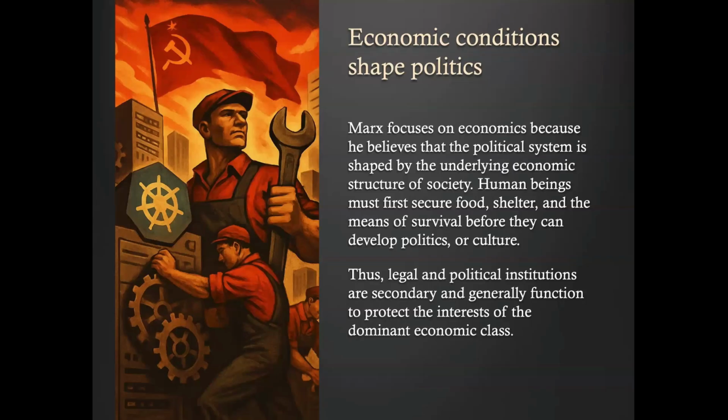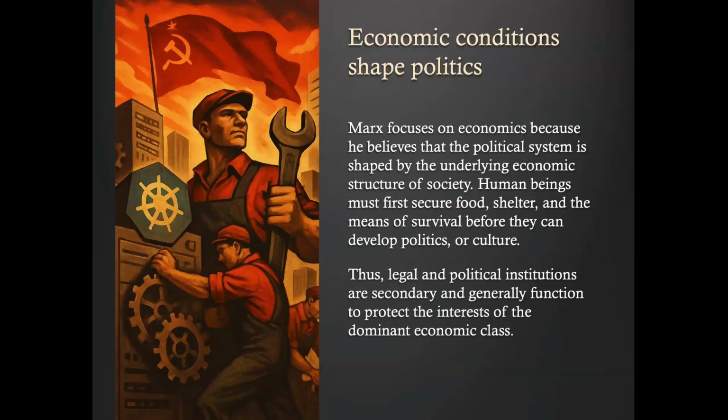That kind of makes sense if you think about it, because human beings must first secure food, shelter, and the means of survival before they can develop politics or culture. And this goes to the heart of what Marxism is really about, and what Marx believes is human nature.